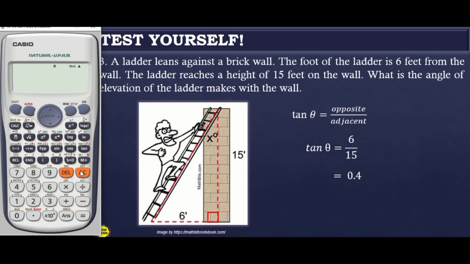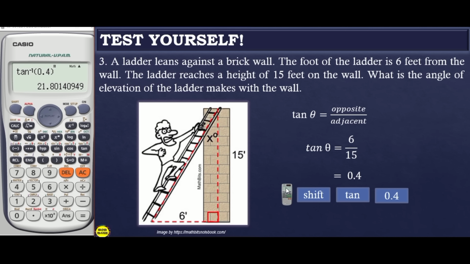So, ito ngayon ang kukunin natin. Ano yung inverse tangent of 0.4? So, ang gagawin po natin, shift. Gamitan po natin ng shift kasi angle yan. So, shift, tangent 0.4. And then, close natin. Okay, so we have 21.80. So, ito po siya, shift tangent 0.4.